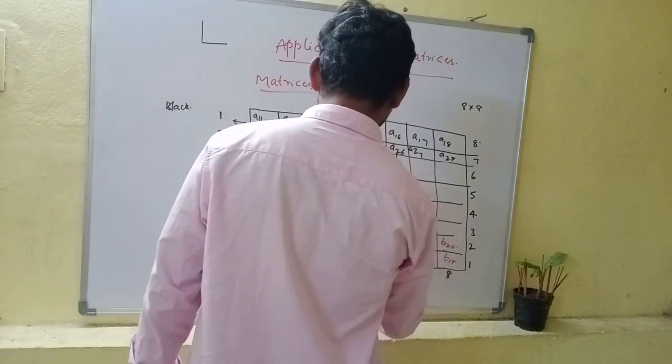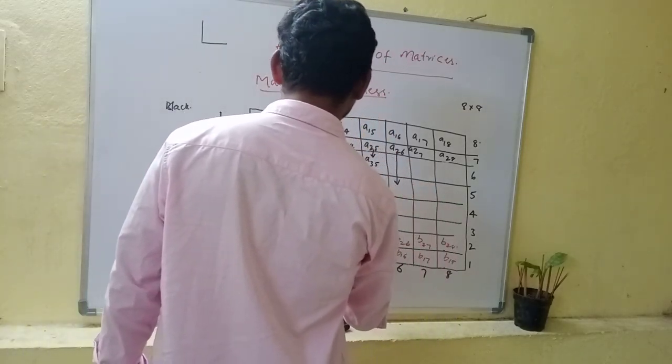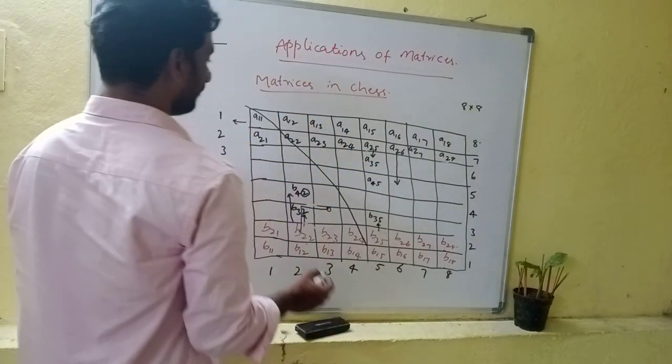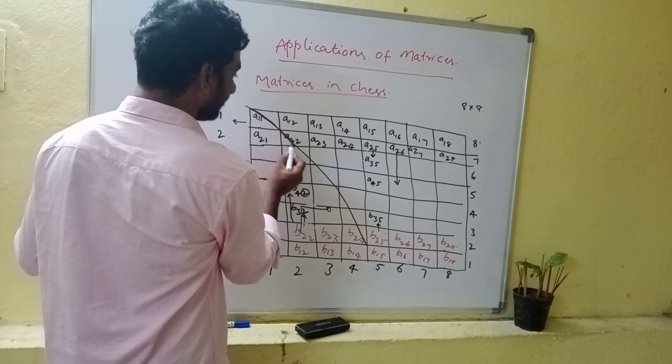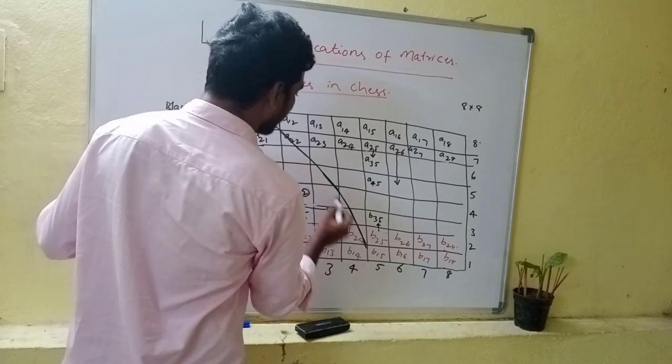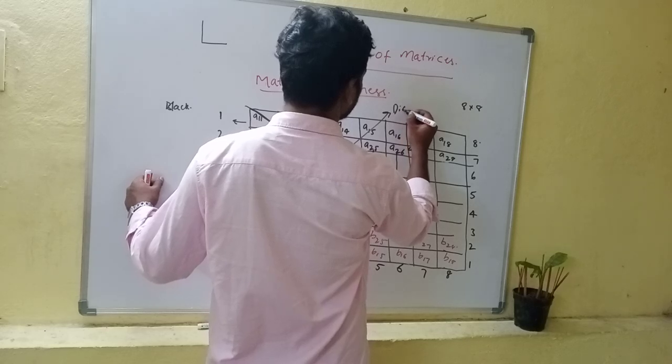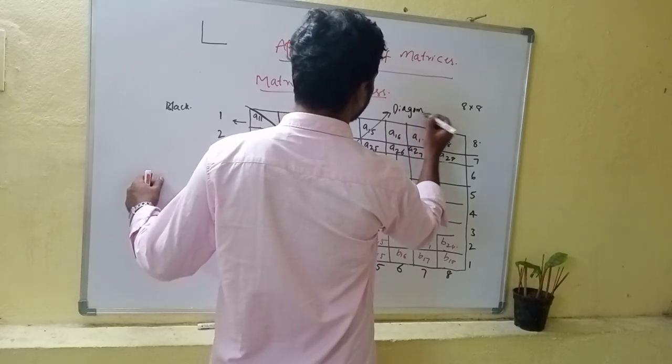Again, this queen can go in cross direction. Cross direction means what matrix is it framing? It is framing a diagonal matrix, right? It is a diagonal matrix. It is forming diagonal.